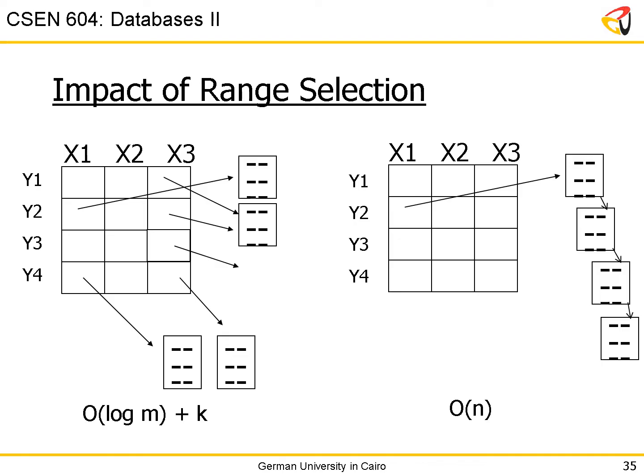Okay? You'll always go to the same cell, and you will always go and search linearly in the bucket and its linked overflow buckets, which is O of n performance. It's not even O of m, it's O of n performance. Okay? So there's a big difference in terms of performance based on the ranges that you select and you use in each one of the dimensions.